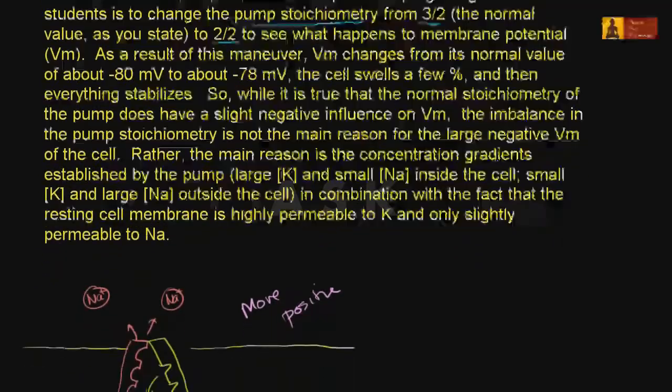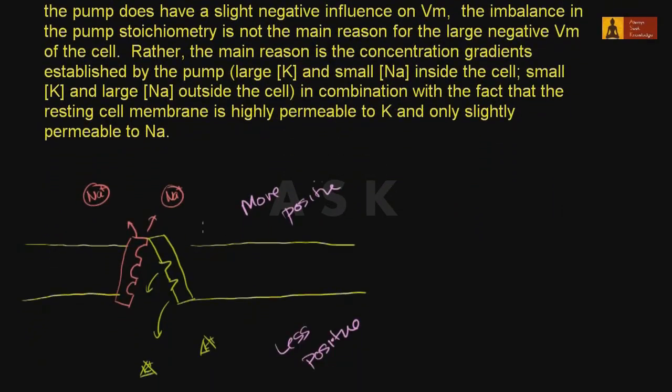So they have a simulation program that says, well, what if the sodium potassium pump, instead of pumping 3 sodiums out for every 2 potassium it pumps in, what if it was even? What if it was 2 sodiums and 2 potassiums? And based on my explanation of why we have this potential difference, that should not lead to a potential difference if the main reason was the stoichiometry, the ratio of sodium being pumped out to potassium being pumped in.